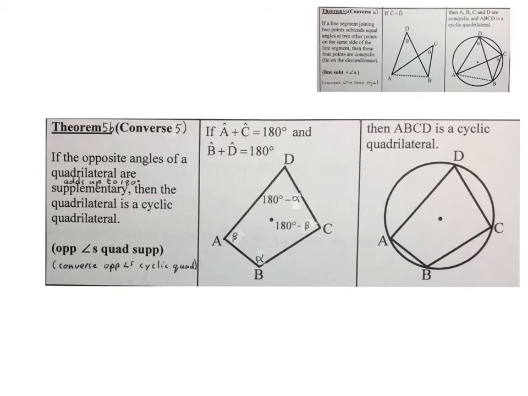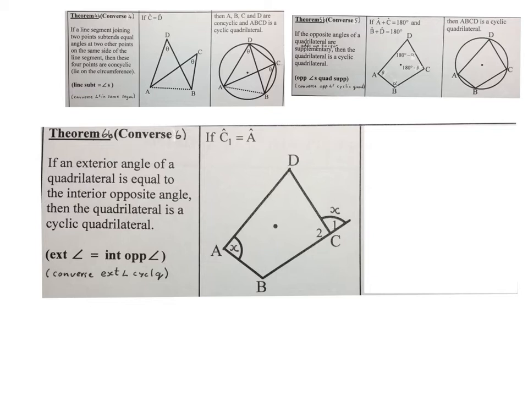The third way to prove that something is a cyclic quadrilateral is if you have a quadrilateral with an exterior angle over there equal to that one. Let's see what it says. If an exterior angle of a quadrilateral is equal to the interior opposite angle, then the quadrilateral is a cyclic quadrilateral.